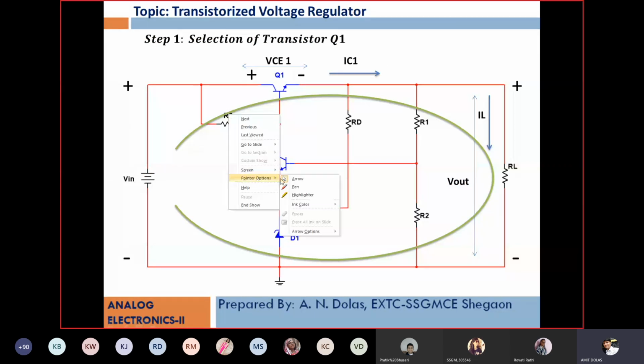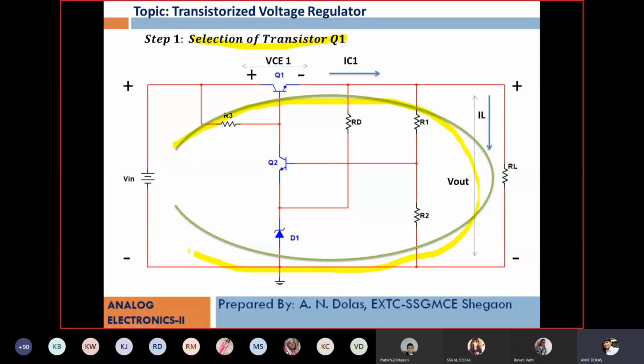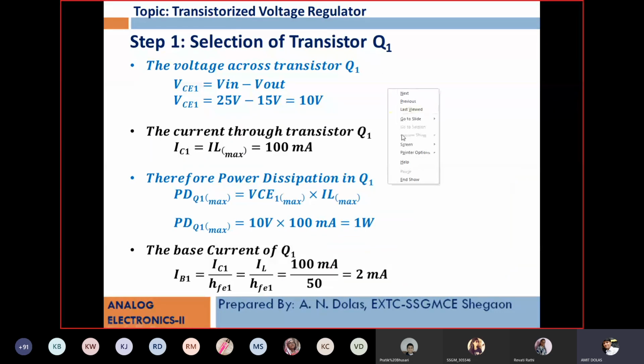Then the very first step is selection of transistor Q1. That is, of course, putting KVL in the outer loop. VCE max will be input voltage minus output voltage, because all three are in series. So VCE max will be 25 volt, the maximum input, minus output, which is fixed at 15 volt.